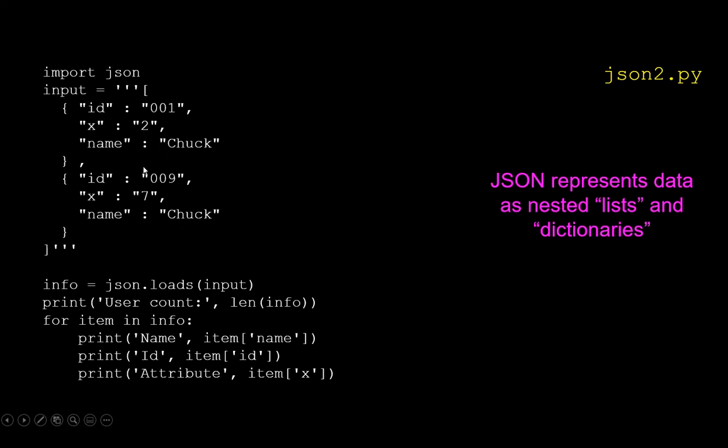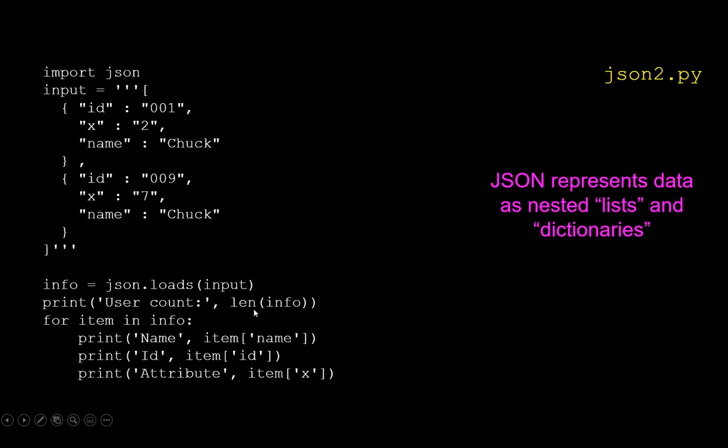So these are two dictionaries, and both of them are in this list which is called input. We're going to load that using the JSON library, and whatever comes out is going to go to info.